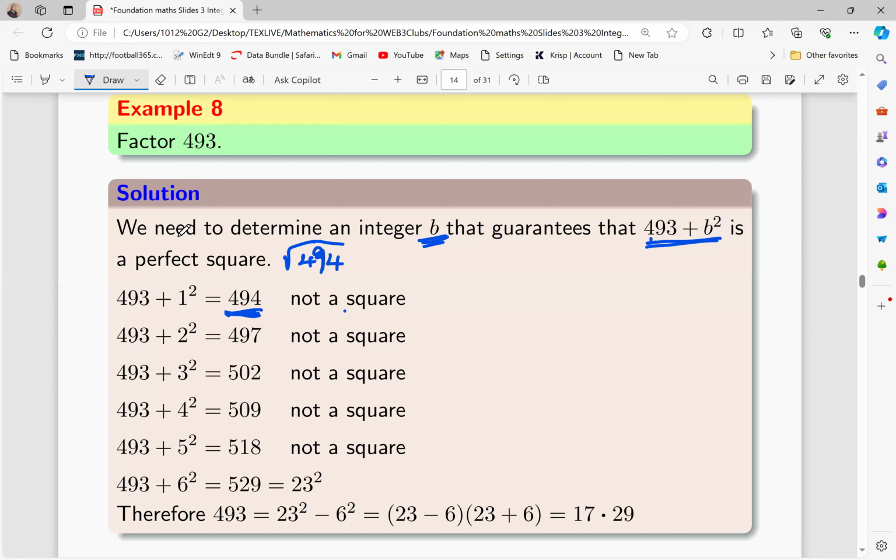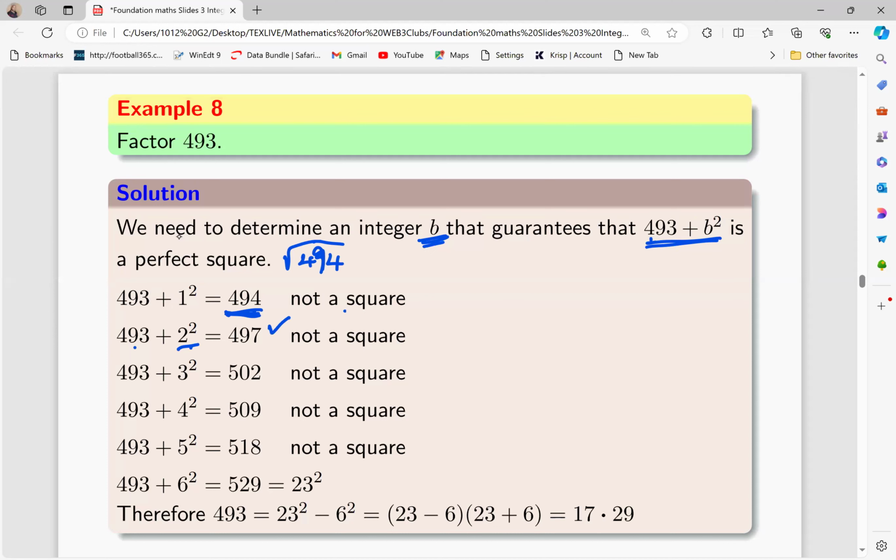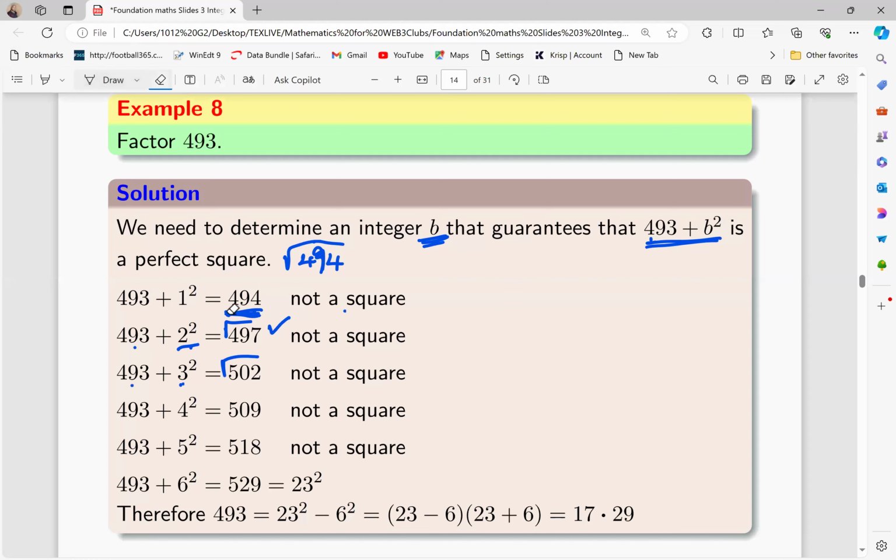What about 2? 2 squared will be 4, plus that, I get 497. What about 3? That would be 9, plus that, I have 502. Again, I test the square root. It's not a perfect square. Since it's not a perfect square, I proceed and try the next one.